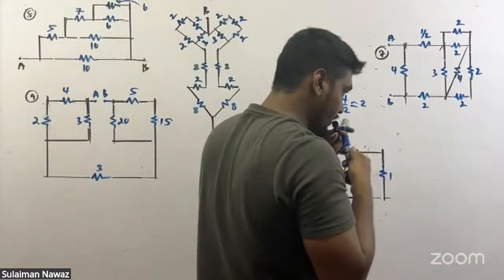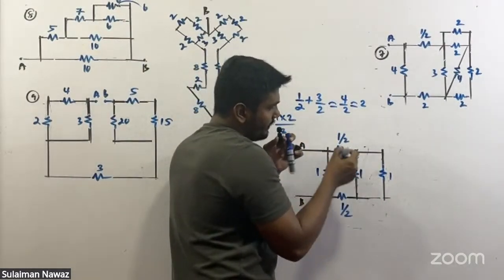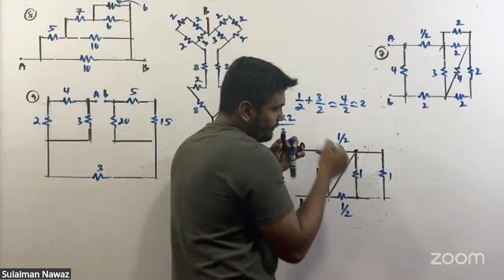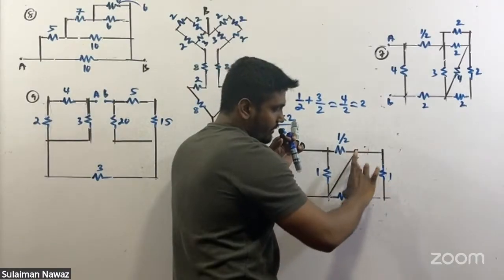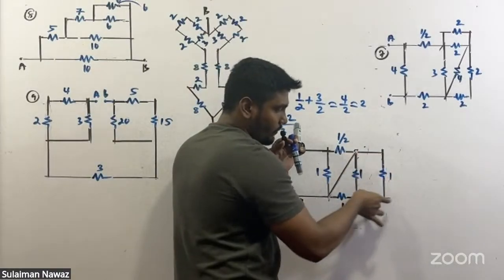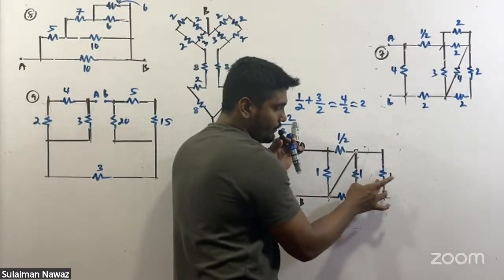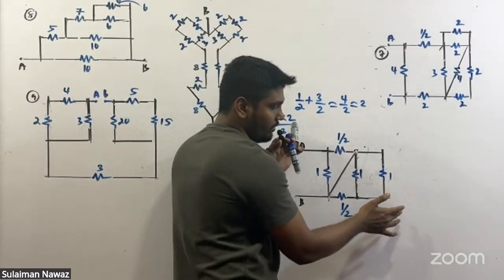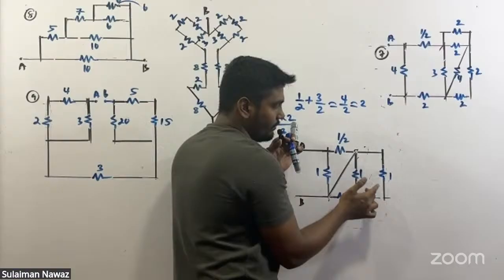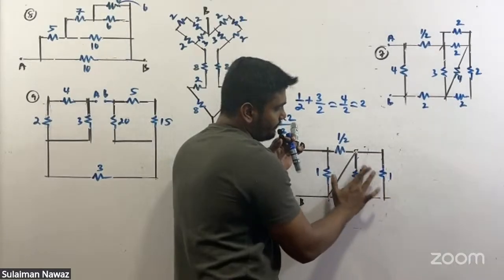You want to find the equivalent. Just consider these 2 points. If you consider these 2 points, these two are going to be parallel. This one norm and this one norm are parallel. Then what is the equivalent of these two? It should be half, because 1 over 2. I told you this idea, why it's 1 over 2. If there are 2 resistors in parallel having magnitude 1 and 1, the result is going to be 1 over 2.